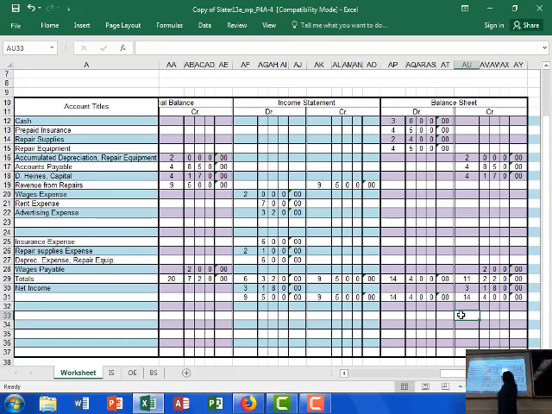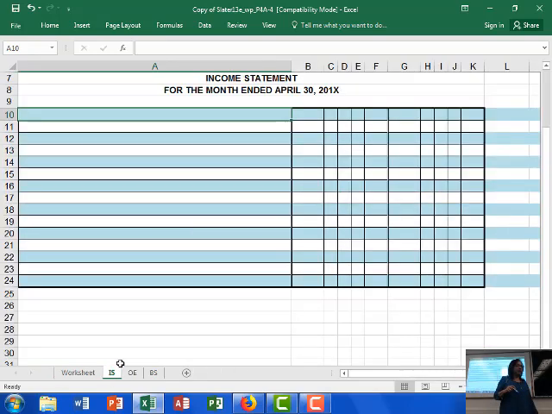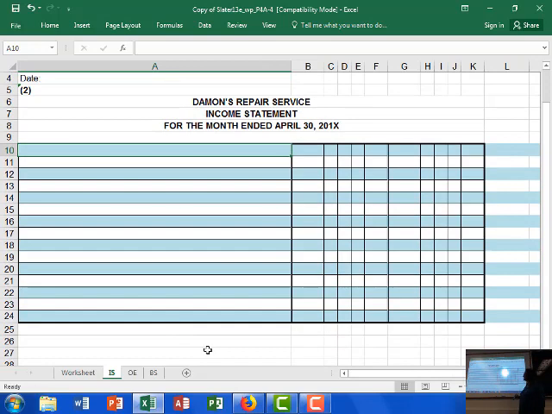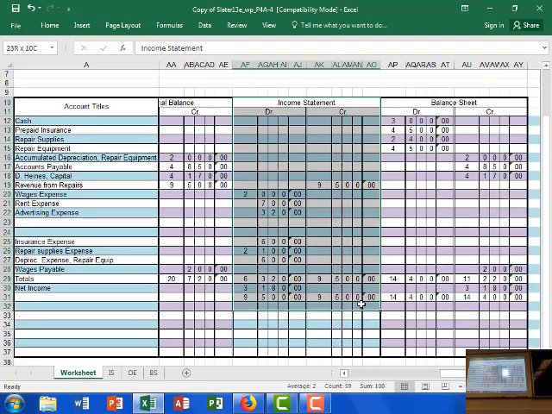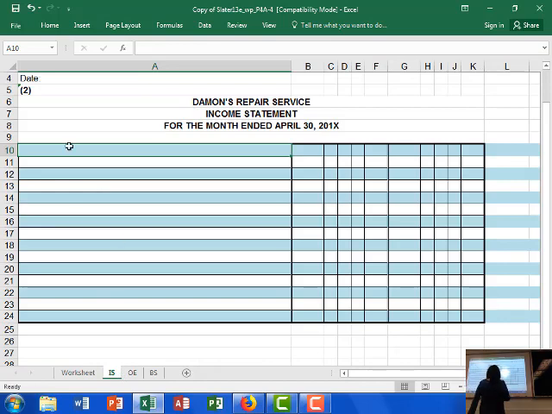So now that we finish this, we're going to go into the income statement. We first need to set it up. What goes into the income statement? Go back to page 46 in your book. On page 46, we show that we're supposed to have revenue, formatted.